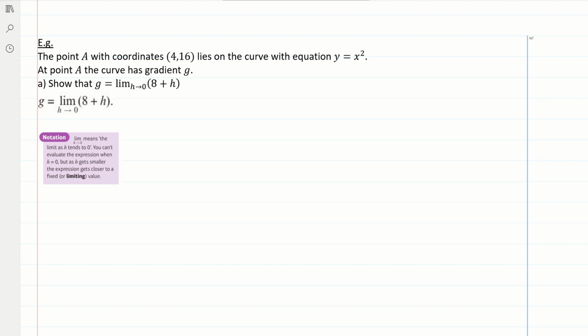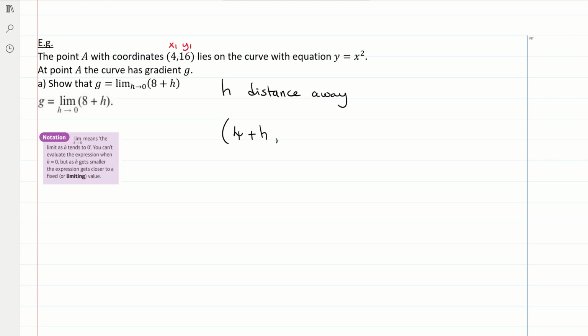Okay, so we've got the first coordinate, x1, y1. The second coordinate is a small distance away. It's h distance away. So the second coordinate for x is going to be 4 plus h.